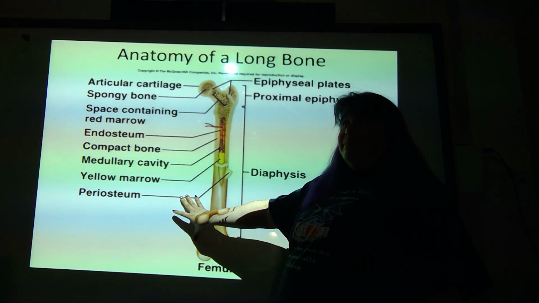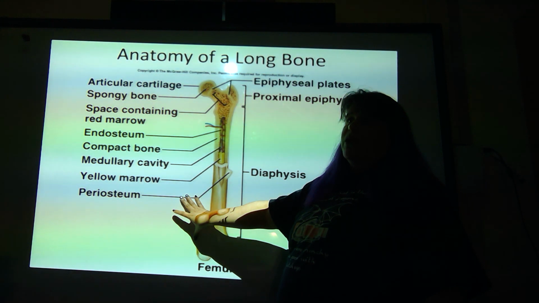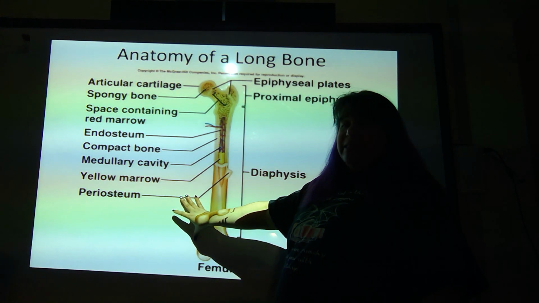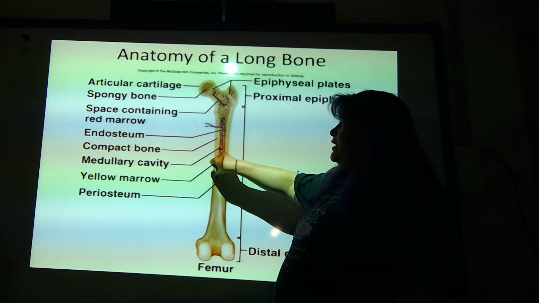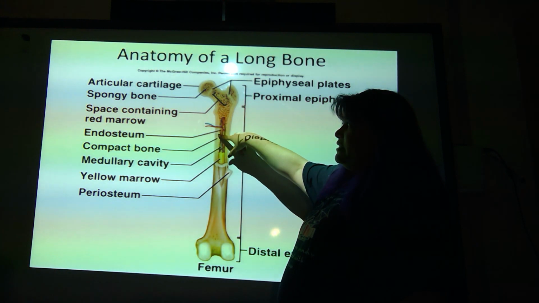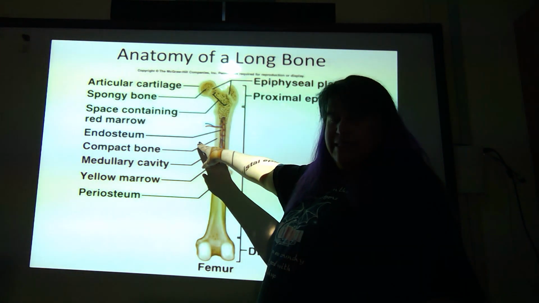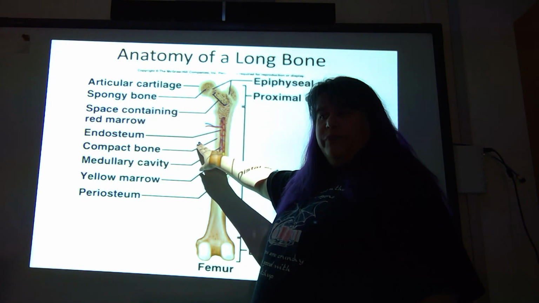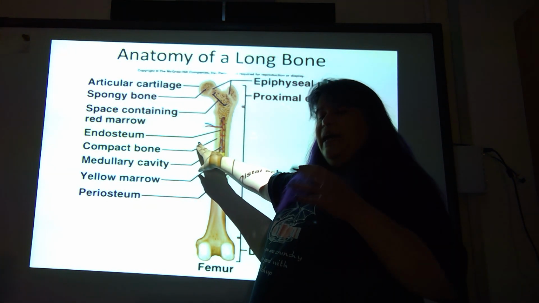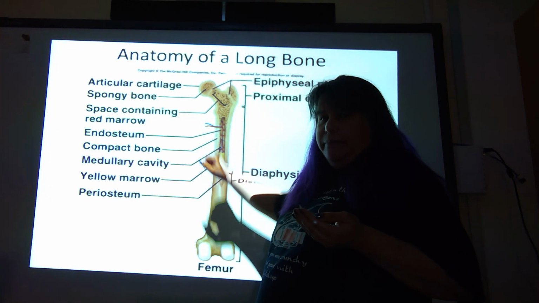The periosteum is actually a good place for ligaments to bind to and tendons to bind to. Internally, where we actually have the spongy bone, you have the endosteum, endo, inside, and osteo, bone. So there's a lining inside, there's a lining outside.